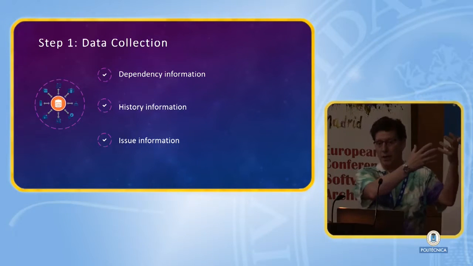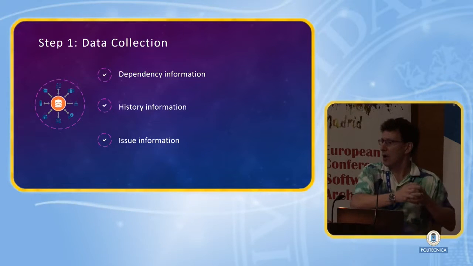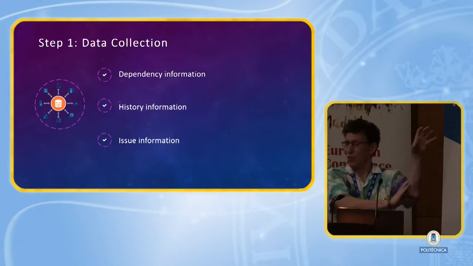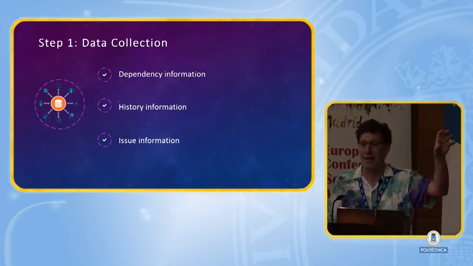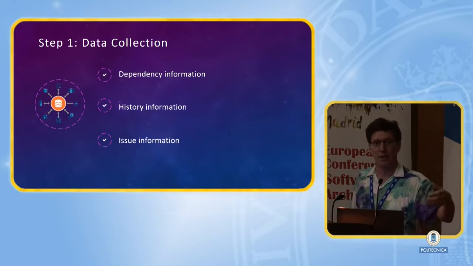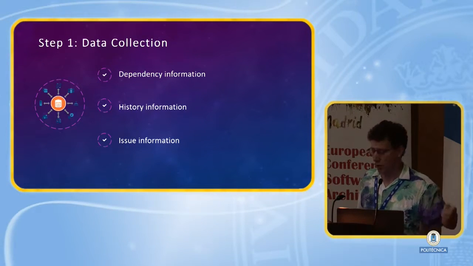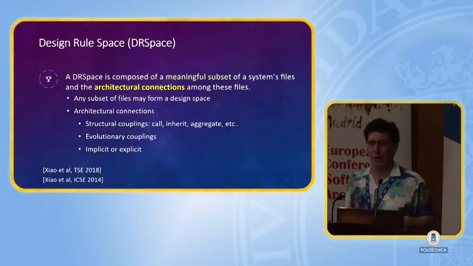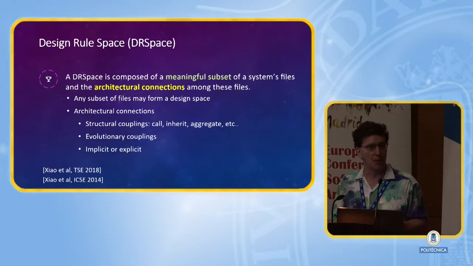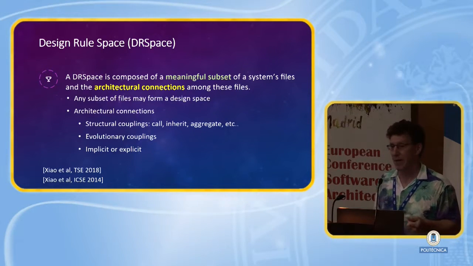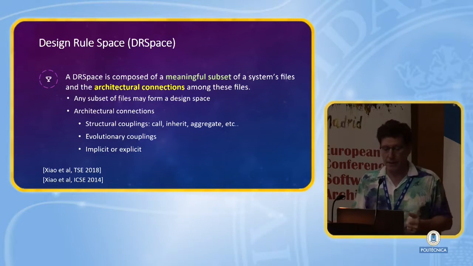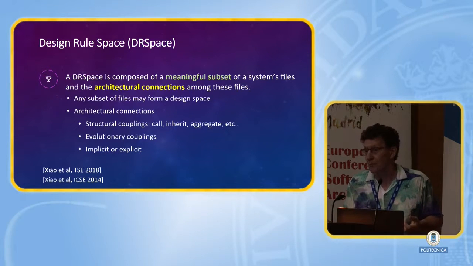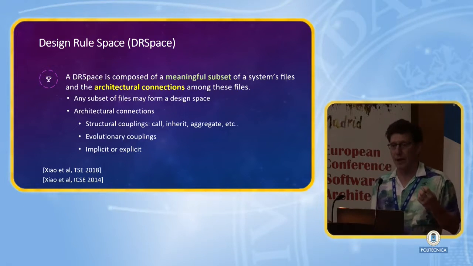When we look at a set of files, we can see, is this relationship between this set of files problematic? Is it generating lots of bugs? Is it generating lots of effort in terms of the lines of code committed? So what we do with this information is we create something called the design rule space, or DR space, which is an architectural view. It's a subset of the system's files.